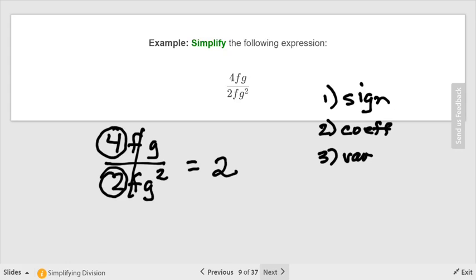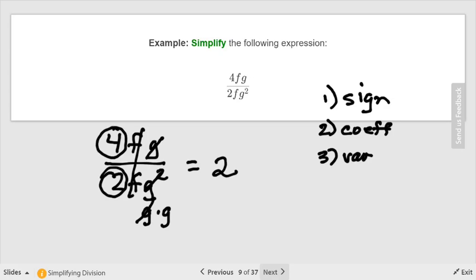Good. Then I have g in the top, but I have g to the what? Second in the bottom. So that really means g times g, right? So 1g is going to divide away in the top and in the bottom. But what's going to happen to the other one? Where is the g that's left?